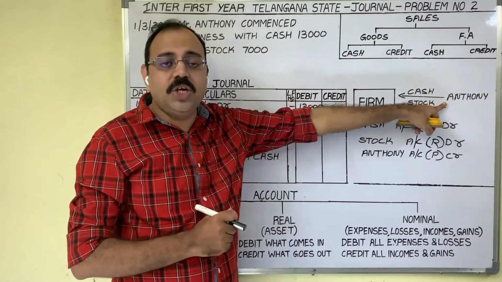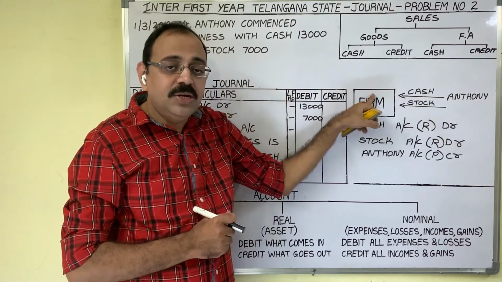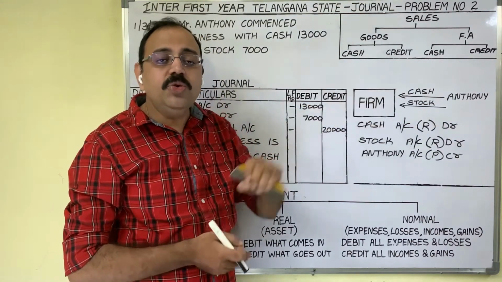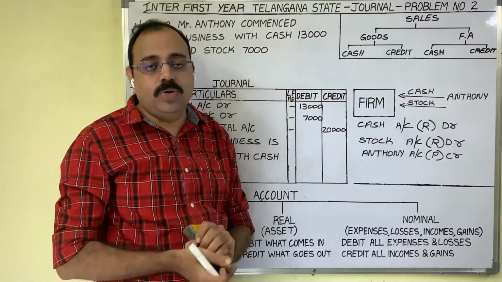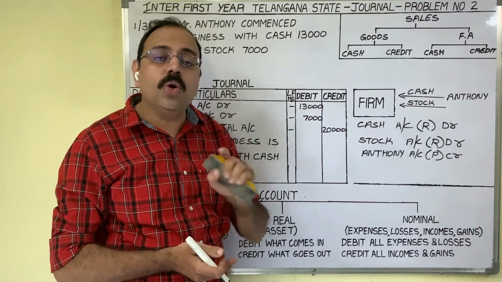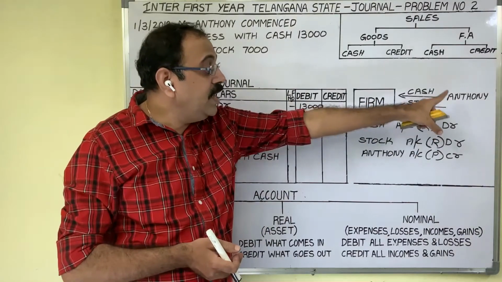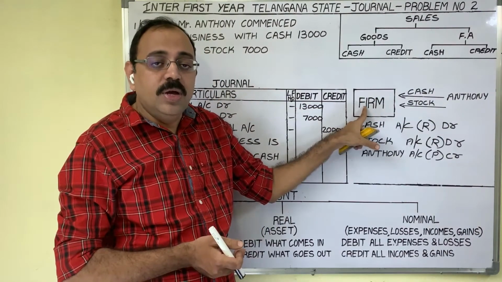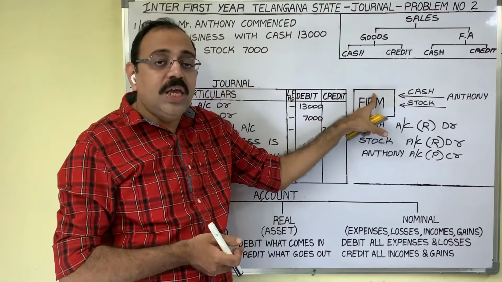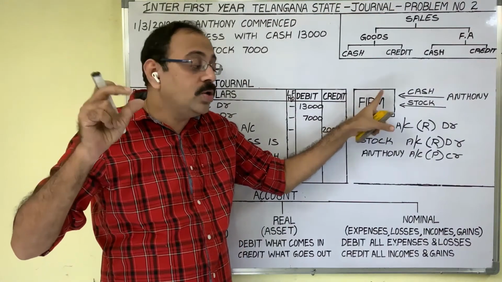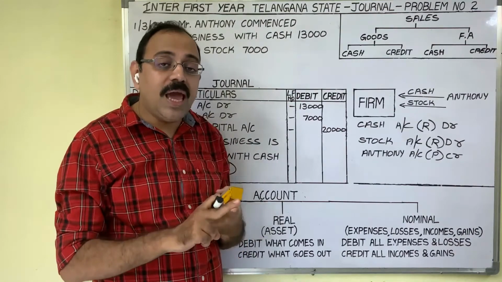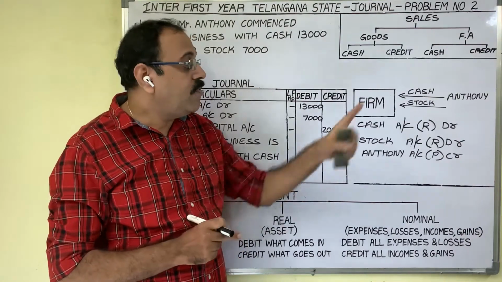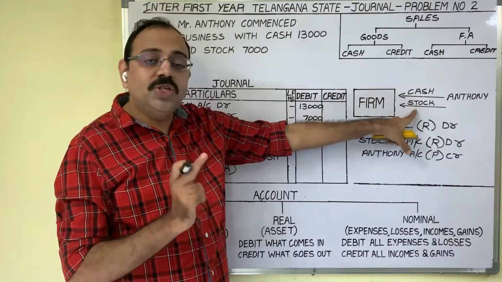To start this shop, he brings cash. Not only that, assume that in his house there are 10 unused new notebooks. When he is starting this stationery shop, not only money, even those 10 notebooks he brought into the business. Here he is bringing capital in the form of cash and stock.